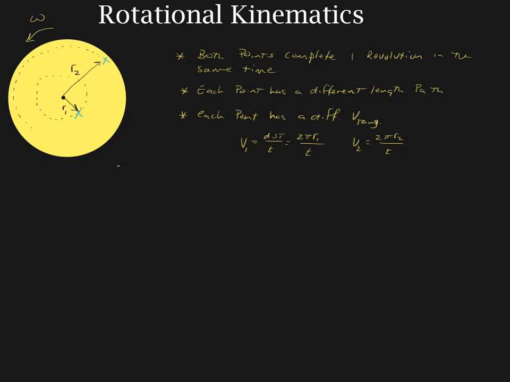So if we look at this as though it were a wheel rolling across the ground, so here's the ground, and now the center of mass of the wheel is moving to the right, so it's going to have a velocity which is to the right. We'll notice a couple of things. One, at the point of contact right here, the wheel relative to the ground is not slipping.